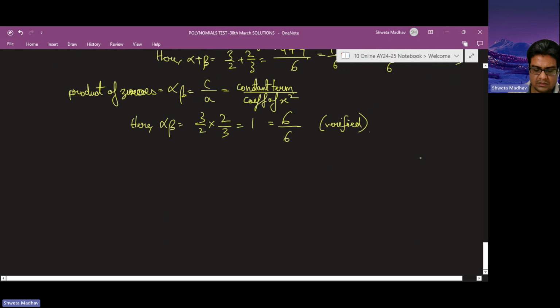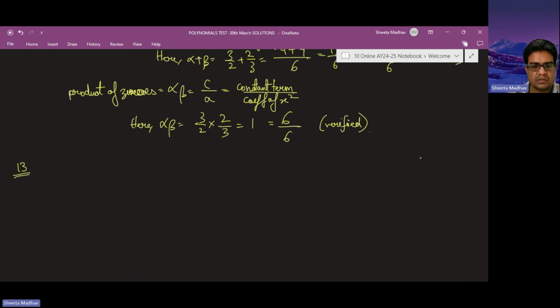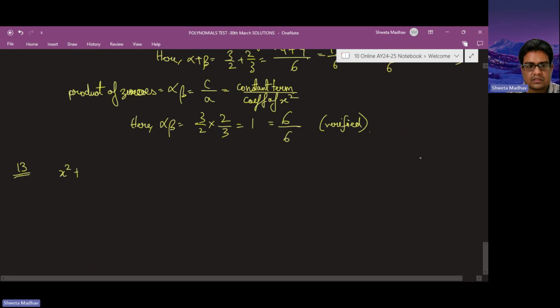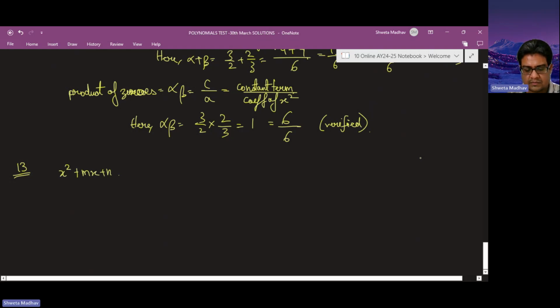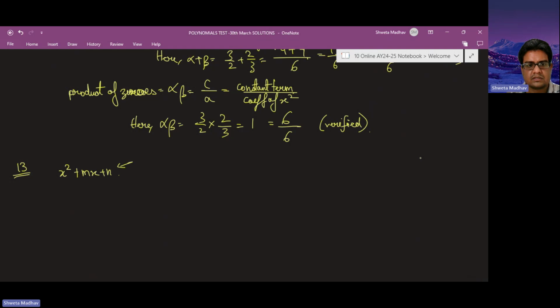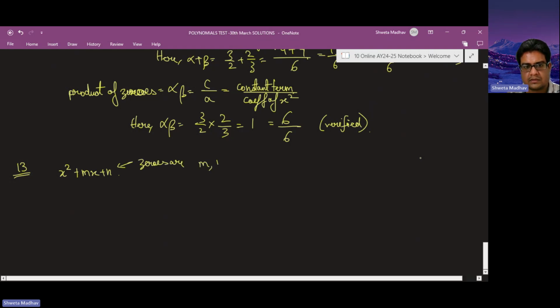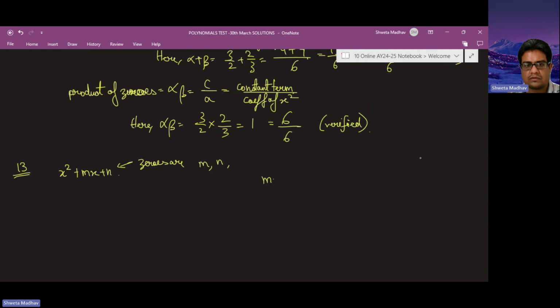So then in the question number 13, it has been told that if m and n are the zeros of the polynomial x square plus mx plus n, so its zeros are m and n, then find the value of m minus n. M minus n value we have to find out.